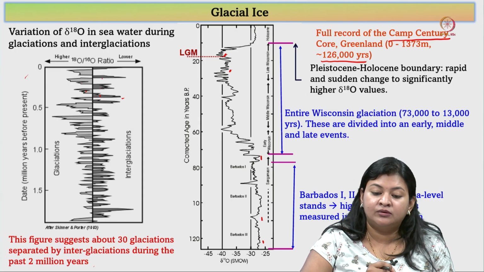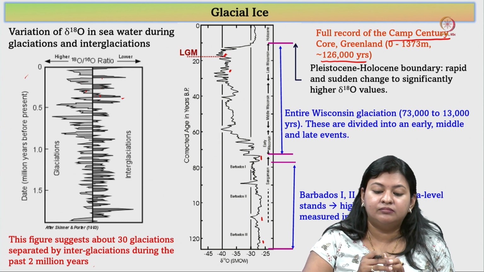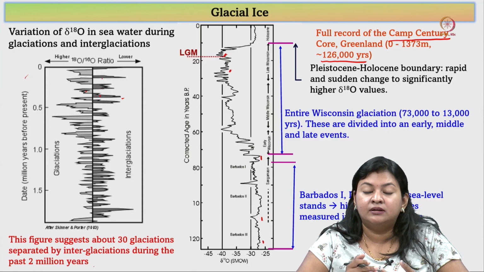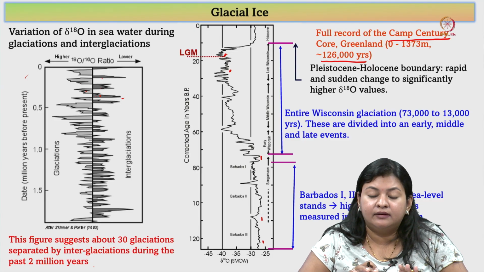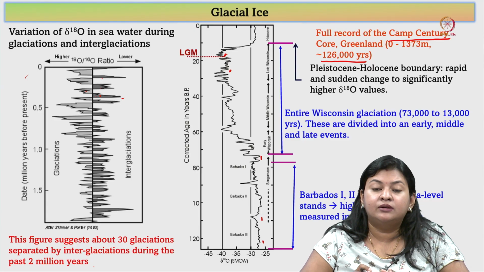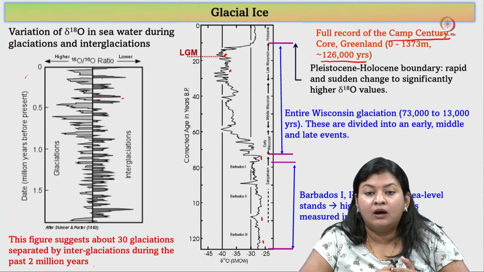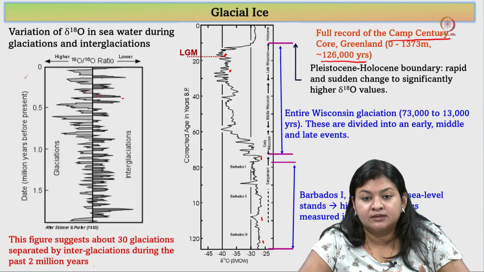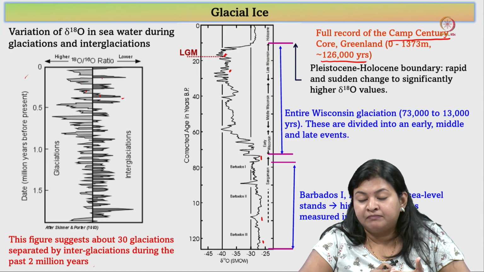So, the Holocene boundary, the Wisconsin, all the different era and time period boundaries have been marked, and based on that, now we superimpose the 18 oxygen data, and we see how the 18 oxygen isotopes show us periods of glaciation versus periods of interglaciation or warmer time periods.